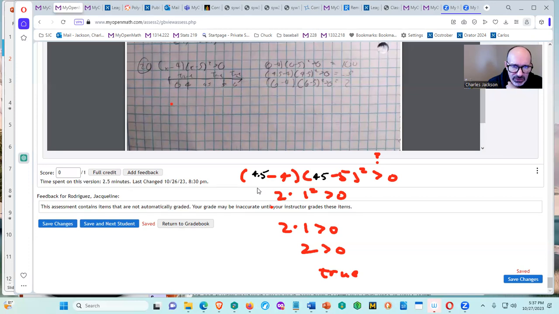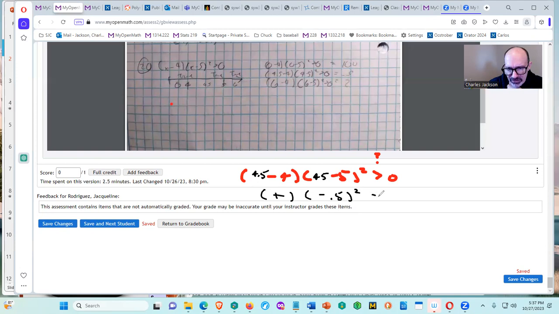Oh, actually, that is a truth. I don't know why you didn't get the right answer there. All of that's true. That's positive. That's a positive times the square of a negative. So negative 0.5, but when you square it, it comes out positive.